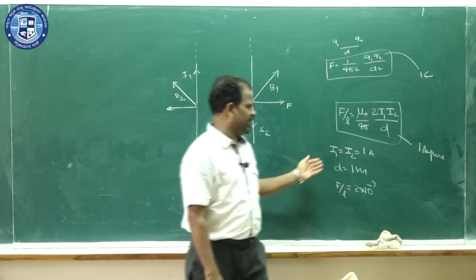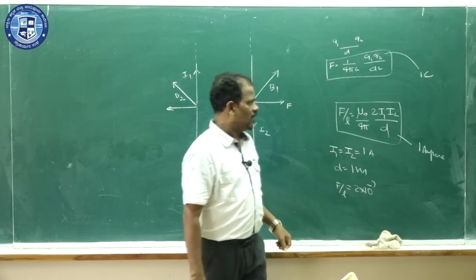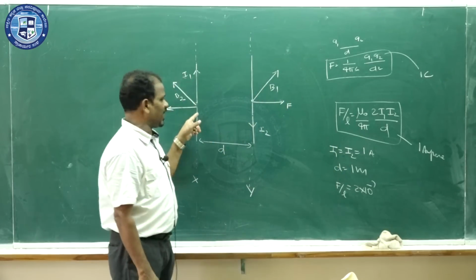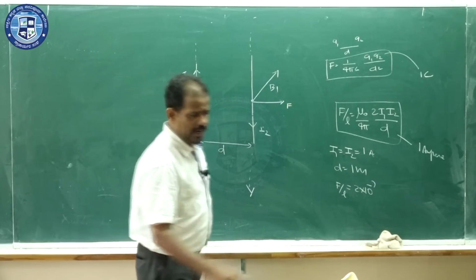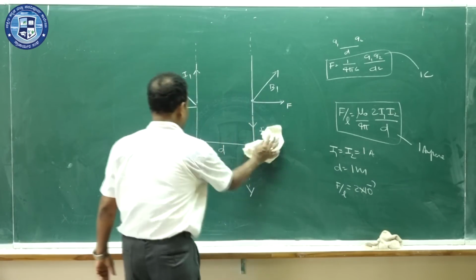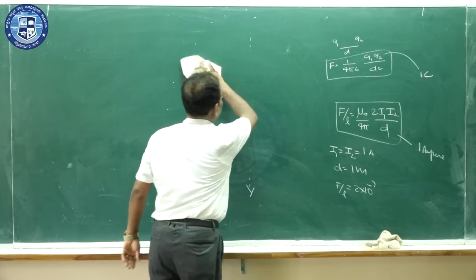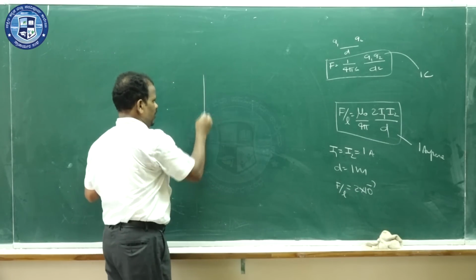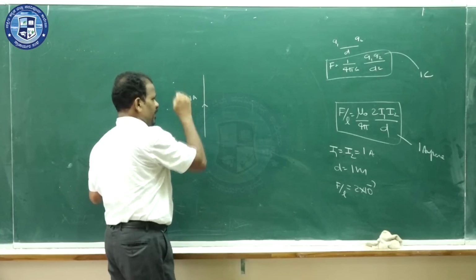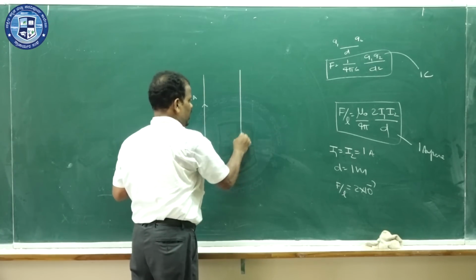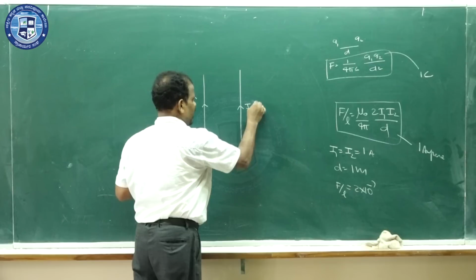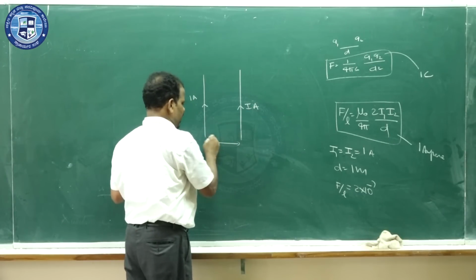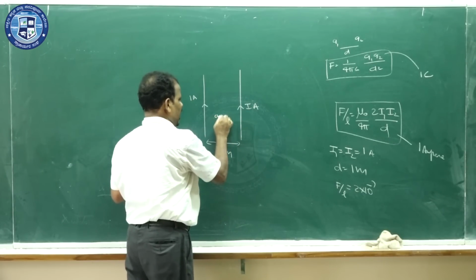So how do you define 1 ampere current? This is a wire which carries a current of 1 ampere. This is another wire which carries a current of 1 ampere. And they are separated by a distance of 1 meter in air.